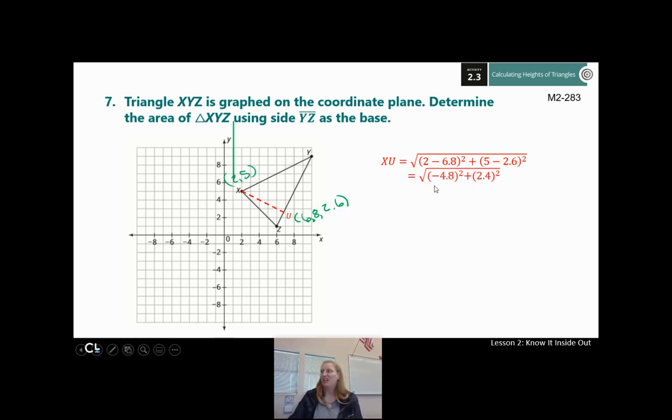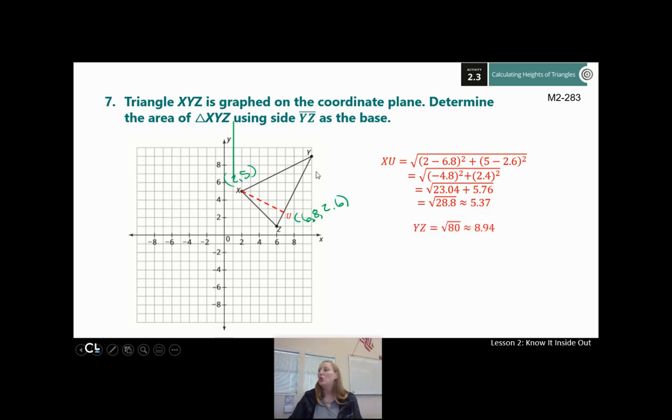I used a calculator. So 2 minus 6.8 is -4.8. 5 minus 2.6 is 2.4. When I square -4.8, I get 23.04. When I square 2.4, I get 5.76. And of course, I add them together to get 28.8, and the square root of that is about 5.3.